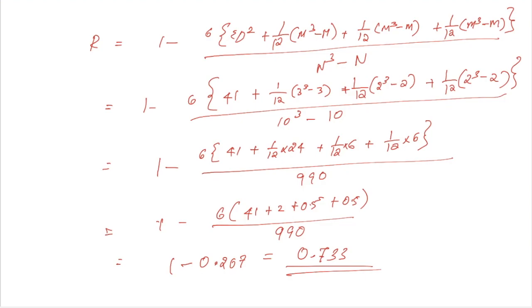We know that the formula for calculating rank correlation, when we have repetition, is R equal to 1 minus 6 into sigma d square plus 1 divided by 12 into m cube minus m. In this case we have 3 repetitions, so we'll have 3 different m cube minus m's, right? So 1 divided by 12 into m cube minus m plus one more, right? M cube minus m, whole divided by n cube minus n.